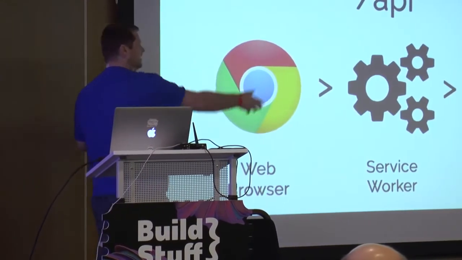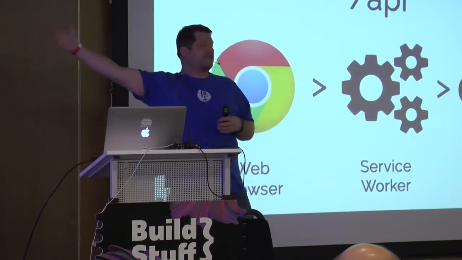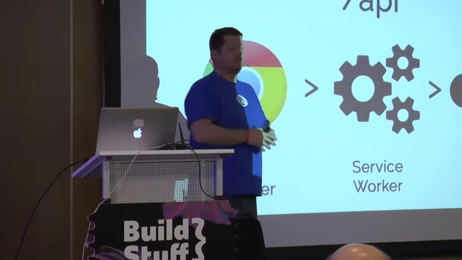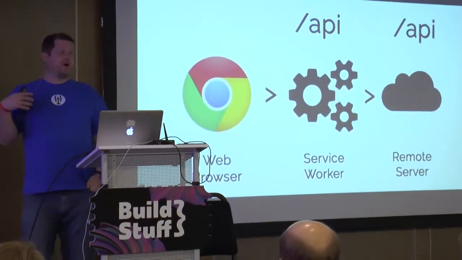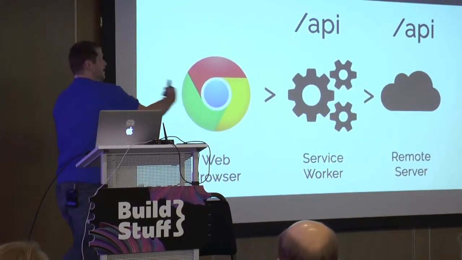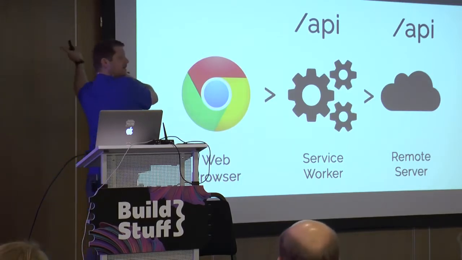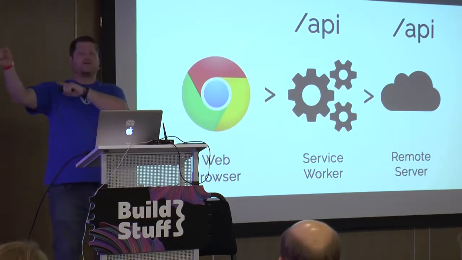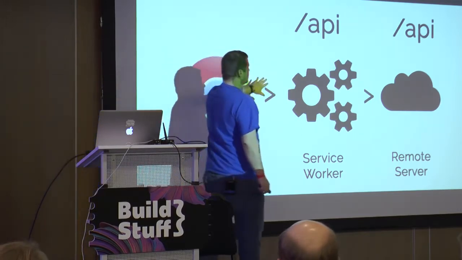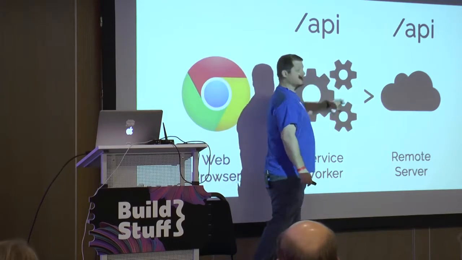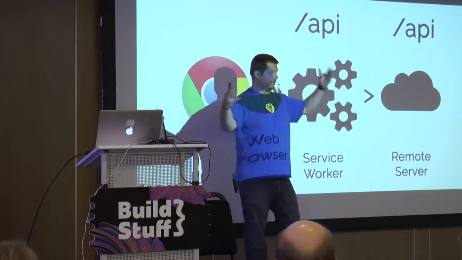I could request something, and it could say, no, I'm going to go get this other thing over here instead, pull it in, and send it back to the web page as if it was the thing I asked for. I could post my username and password, and the service worker could say, hey, that's awesome, I'm going to send that information over here, and over here, all of these types of things. So service workers are scary, but yet the only way this whole thing works. So we kind of have to work in the middle.